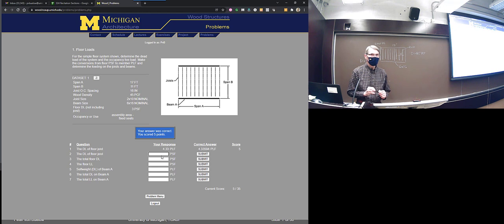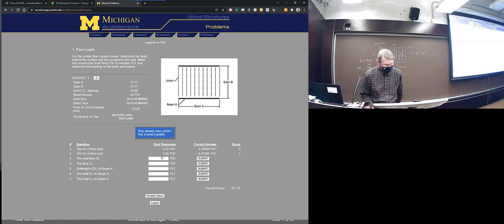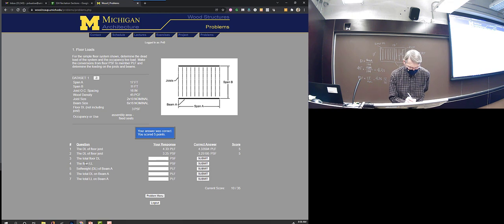Can you get that? 3.2. 3.25, okay. So we get that guy. Okay, now, the total floor dead load. All right, well that's pretty simple. That would just be the load of the member, and we're looking for it in PSF.